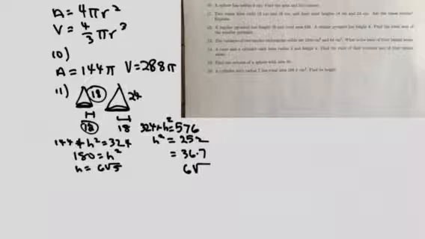So 324 plus h squared, and h squared is going to be 252, and the square root of 252 is 36 times 7, and that's 6 times the square root of 7.